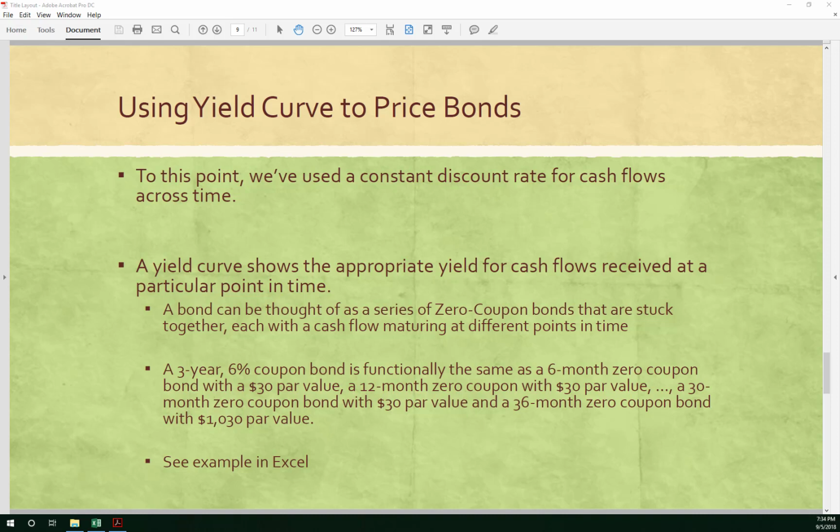And the reason we're going to do this is because a bond is really equal to a series of zero coupon bonds that are stuck together, each with the cash flow that's maturing at different points over time.